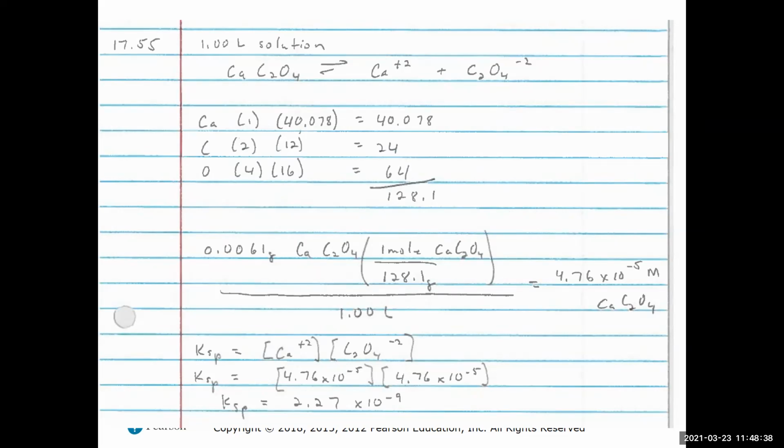Up here, I've calculated the molecular weight for calcium oxalate, that's 128. I can then convert that 0.0061 grams into moles. It's a 1 liter basis, so that's the molarity as well, 4.76 times 10 to the minus 5. I know from my reaction that for every mole of calcium, I get the same number of moles of oxalate. So 4.76 times 10 to the minus 5 are both concentrations. I multiply those and I get my KSP value.